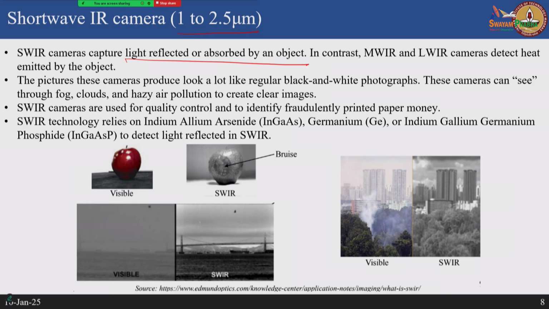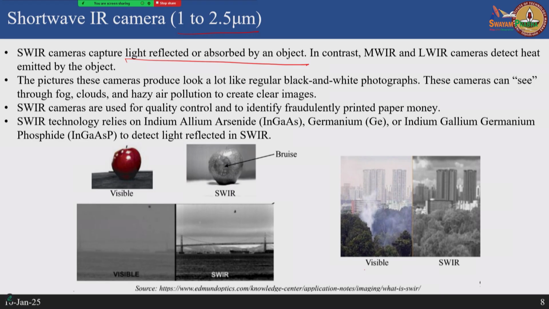People try to spot fake currency by looking at different parameters and so on, but apart from that you can also use a short-wave IR camera to detect it. You can also detect, for example, defects in fruits. People who work in the export of fruits also use these short-wave IR cameras to detect if there are any flaws or bruises in these fruits and vegetables.